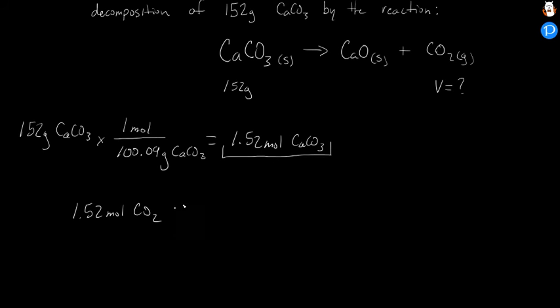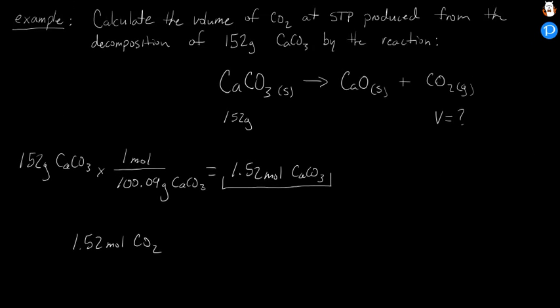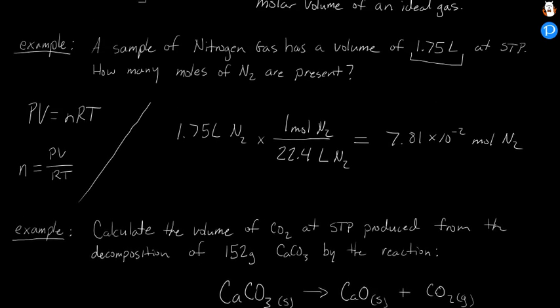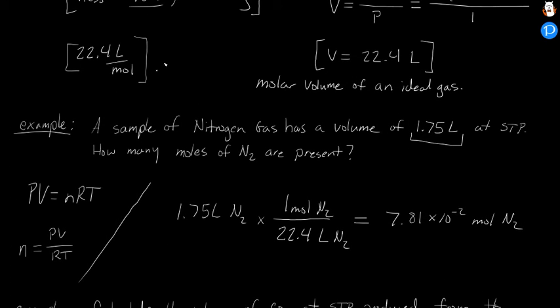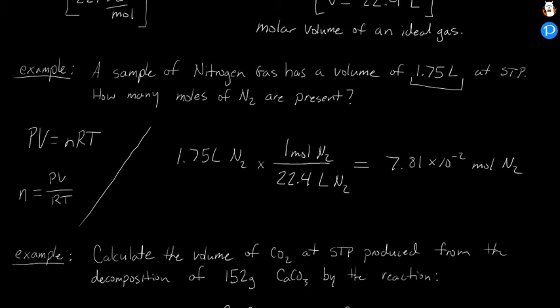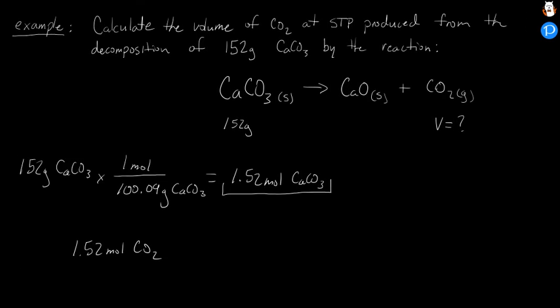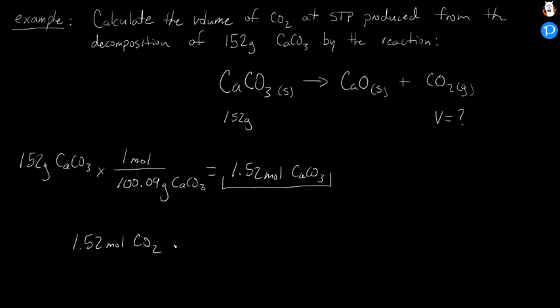All we have to do is use this right here as our conversion factor, 22.4 liters per mole. So I'll come back down here. This is at standard temperature and pressure, so I can definitely use this. I'm going to multiply this by, and I want things to cancel out correctly, so 1 mole of CO2 on the bottom over 22.4 liters of CO2.